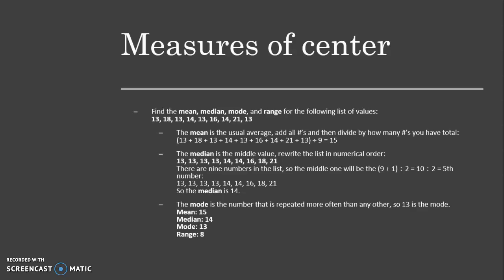There's 9 numbers in the list, so you add 1 to 9 and divide that by 2, which gives the fifth number as the middle number, which is 14.